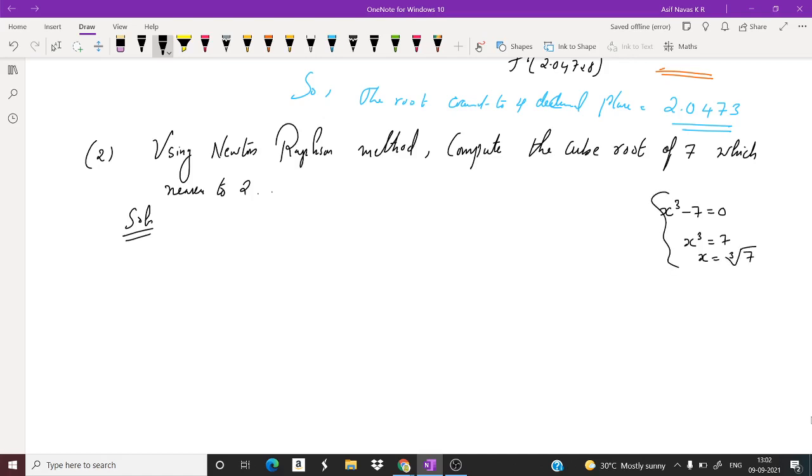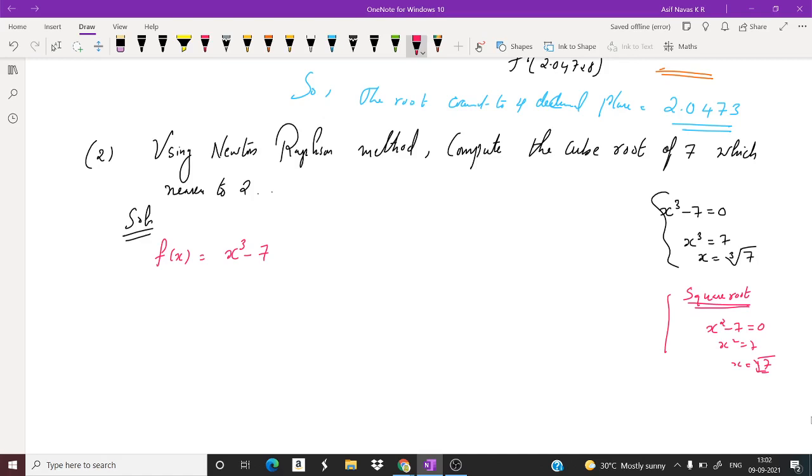So in order to find cube root, we will take f of x as x cube minus 7. Now if we want to find square root, then it is like x square minus 7. Then you will get x square equal to 7, x equal to root 7.